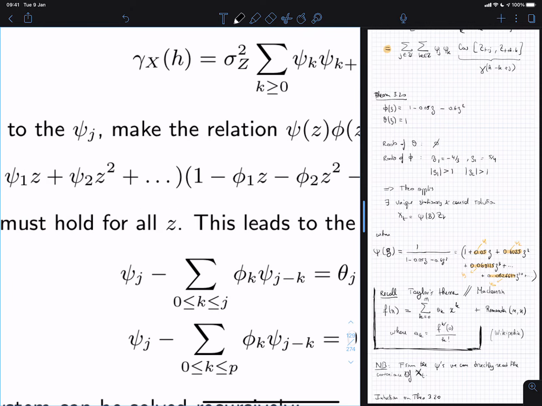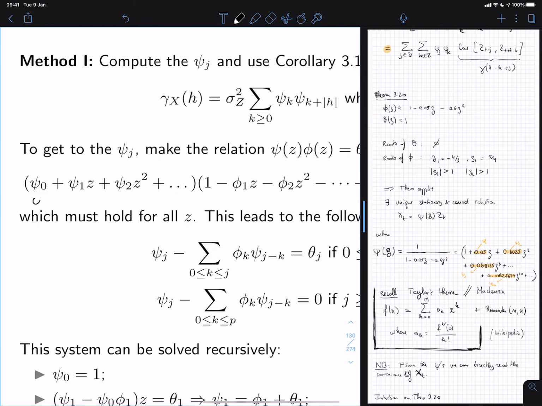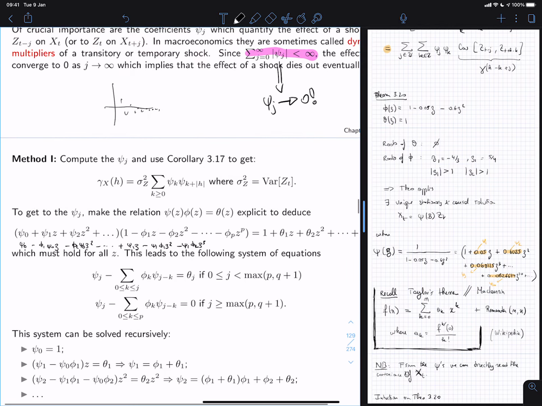So if I do this multiplication here, I will have psi 0 minus phi 1 psi 0 z minus phi 2 psi 0 z squared minus and so on. Then I will have plus psi 1 z minus psi 1 phi 1 z squared minus psi 1 phi 2 z cubed. Okay, this has to be equal to this guy here.